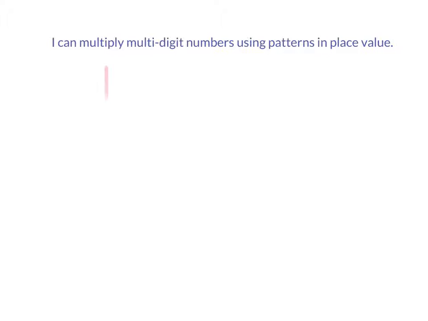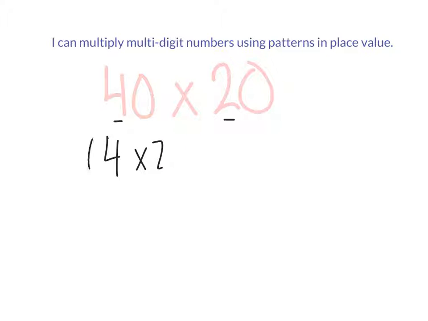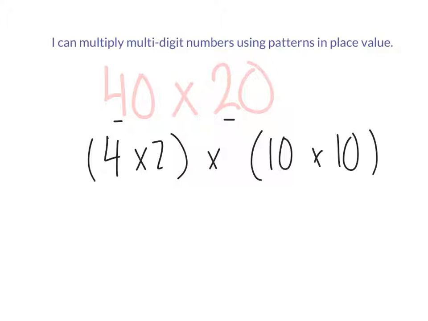So for example, let's say we have 40 times 20. You can think of it as 4 times 2, times 10 times 10. Now, why is that? I'm going to look at my problem.